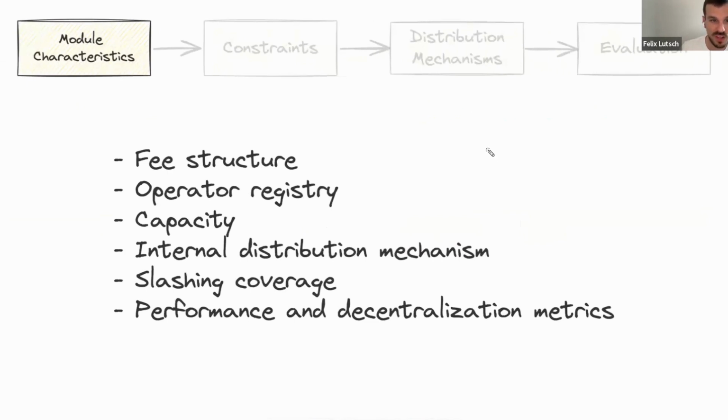Right. So talking about the characteristics of modules. Modules are not that different, but they can differ in the way they structure the fees. In the curated module, 5% go to the Lido DAO and 5% go to the operators.